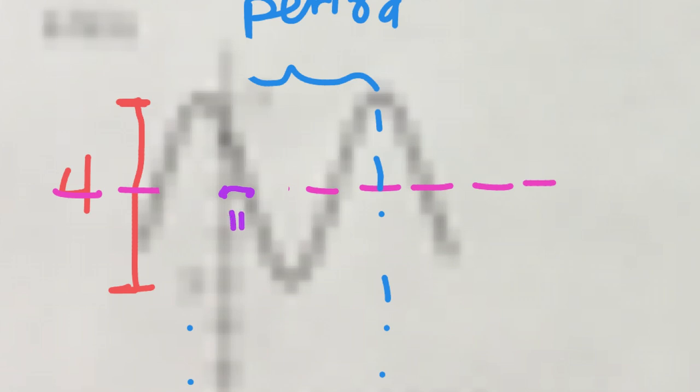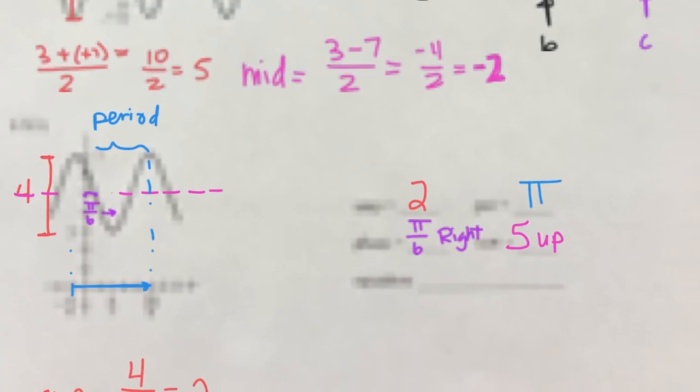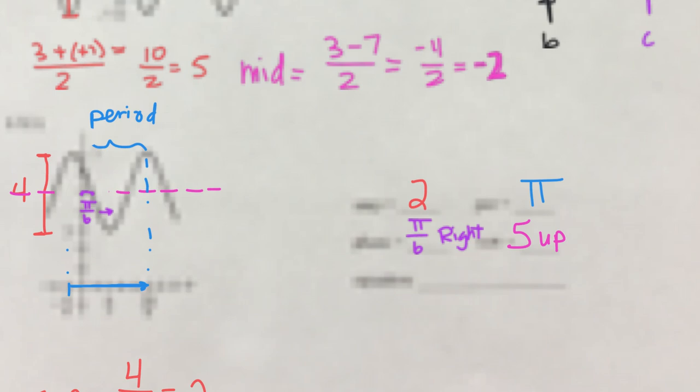It looks like it's been moved pi over 6 units to the right. That point has been moved pi over 6 units to the right. We're going to call this a sine graph just because we haven't done a sine graph yet. But you don't ever have to, unless it looks obvious that it's going to be a sine graph, make it into a cosine graph, whatever is easiest.